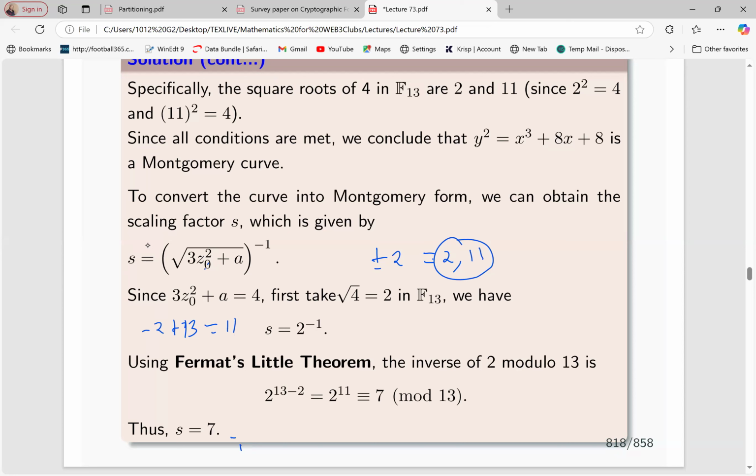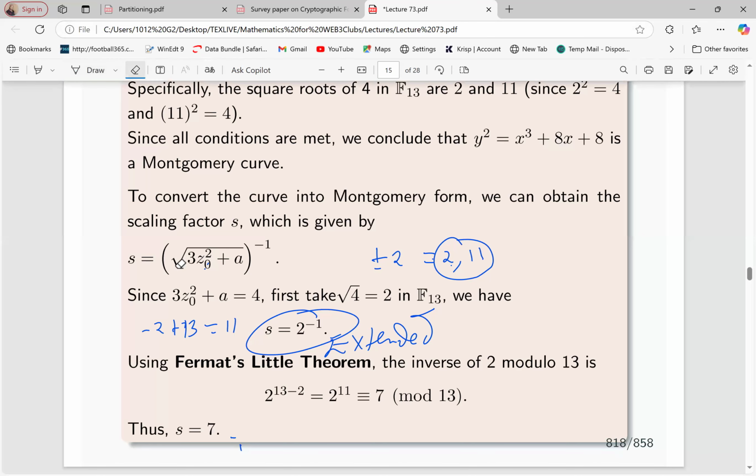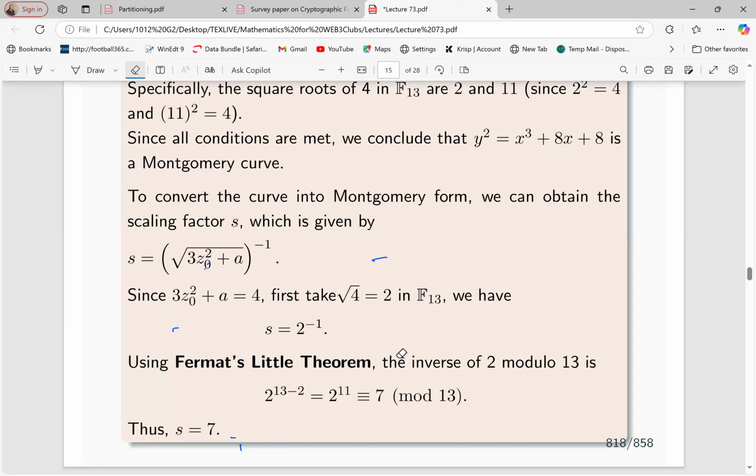So I begin by choosing the first square root and find its inverse to give me S. I'm using the extended Euclidean algorithm. Of course, we have a code for doing this. When you do this, you get the inverse of 2 as 7.